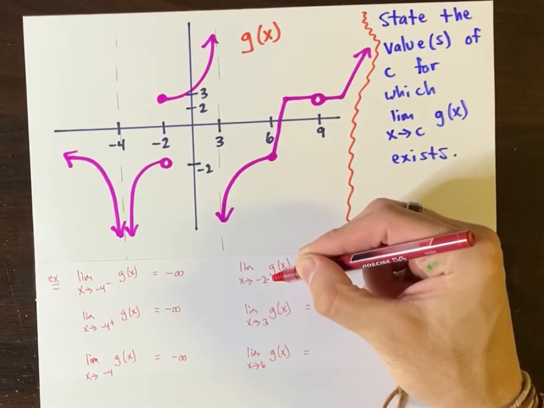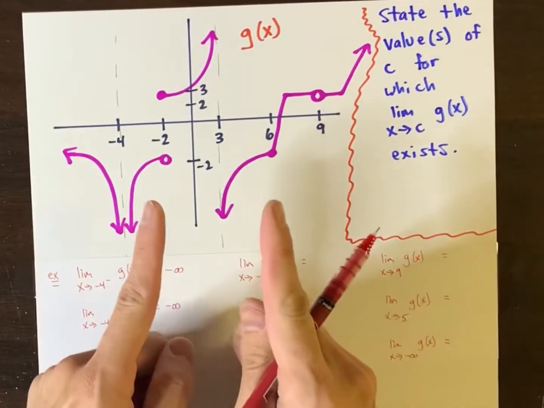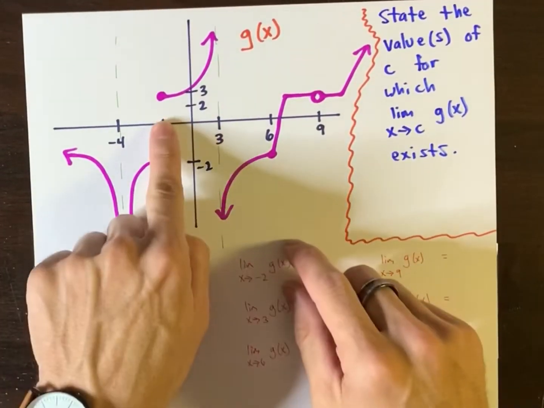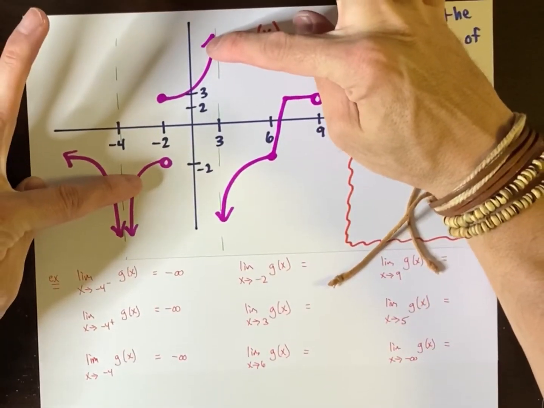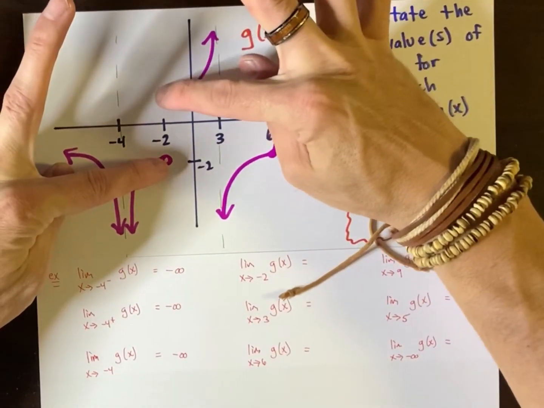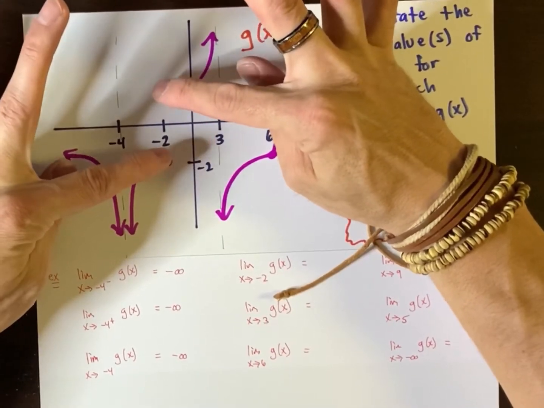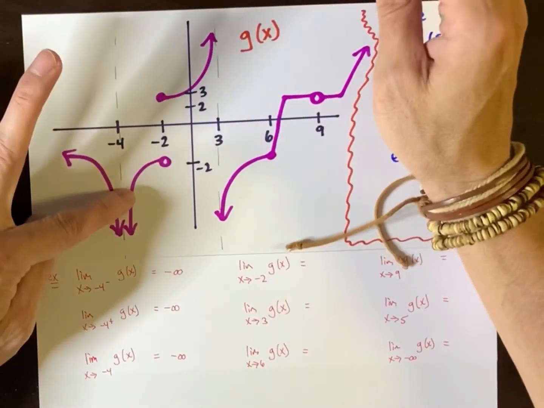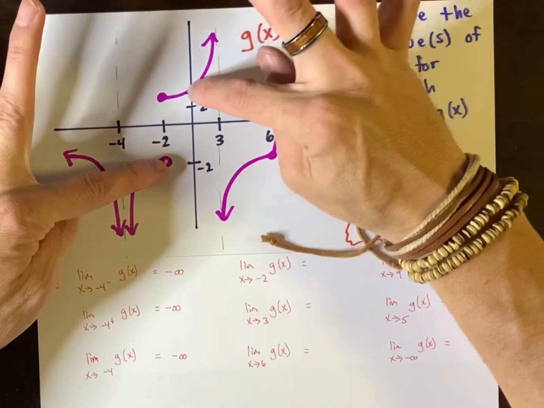How about here? We have to approach -2 from both sides. So here's -2. As I come at it from the left versus from the right, notice that my fingers are not going in the same direction. One of them is stuck here and the other one is stuck up there.